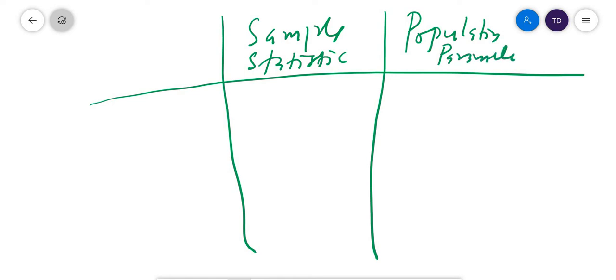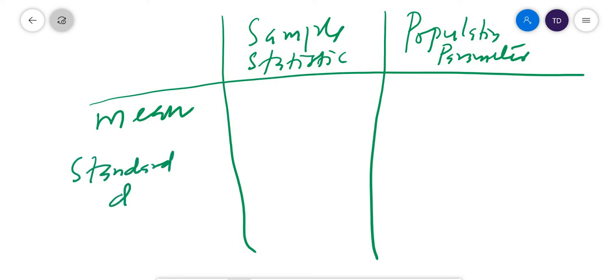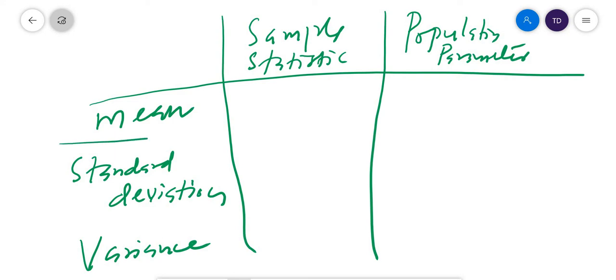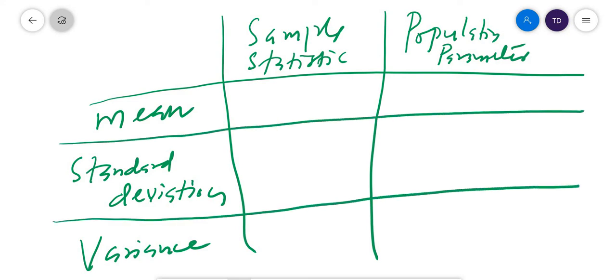These are the letters we use to denote statistics and parameters. For example, mean we already discussed. Then standard deviation, I have a separate video for it. Another important measurable parameter or statistic is variance. What is the symbol or letters denoting these measurable characteristics?